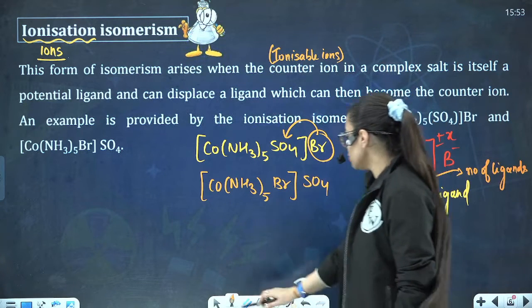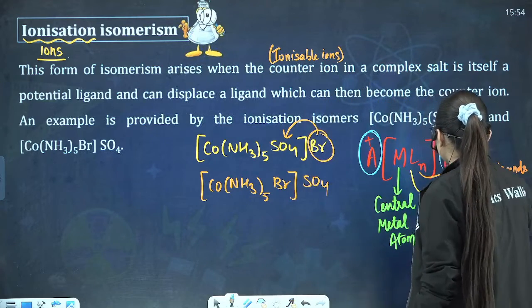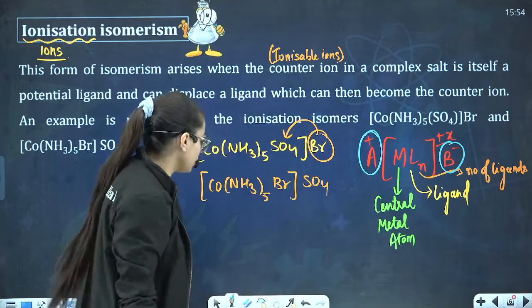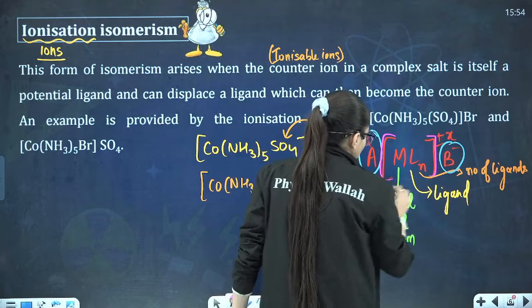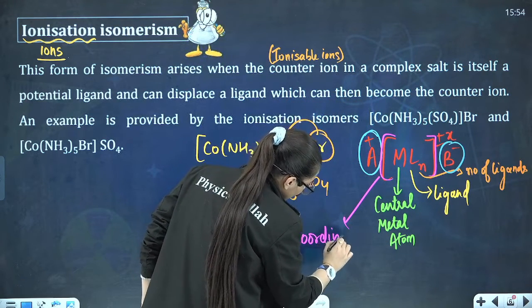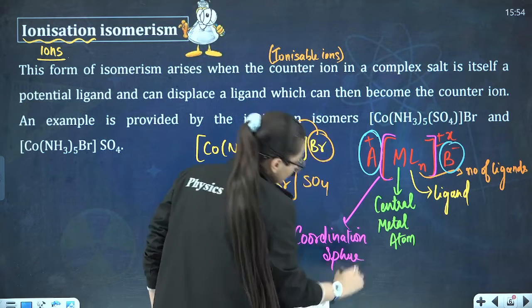Now students, here you have A positive and B negative, which are present outside the coordination sphere. What is the coordination sphere over here? The square bracket is basically the coordination sphere.